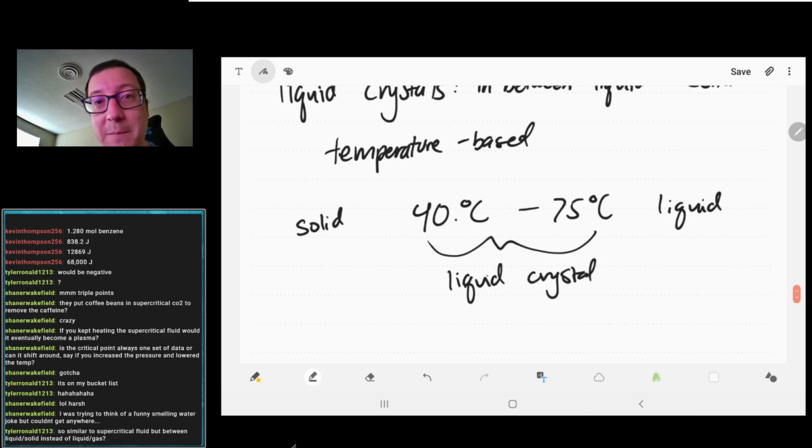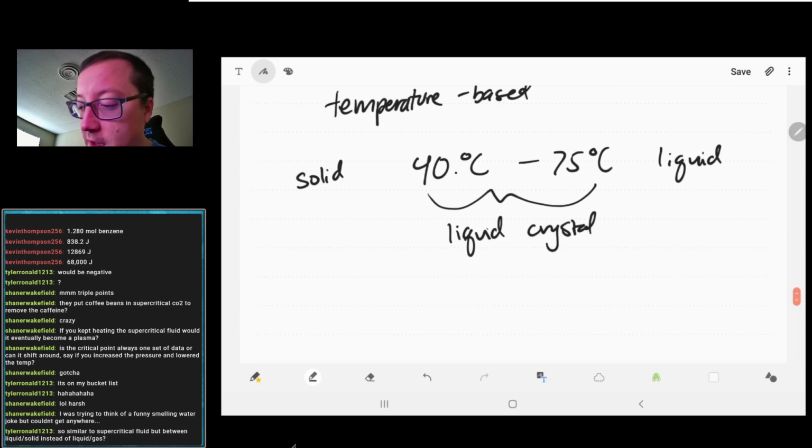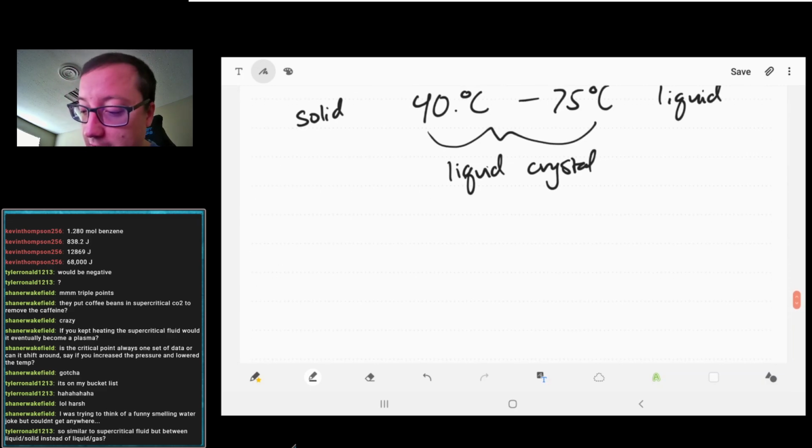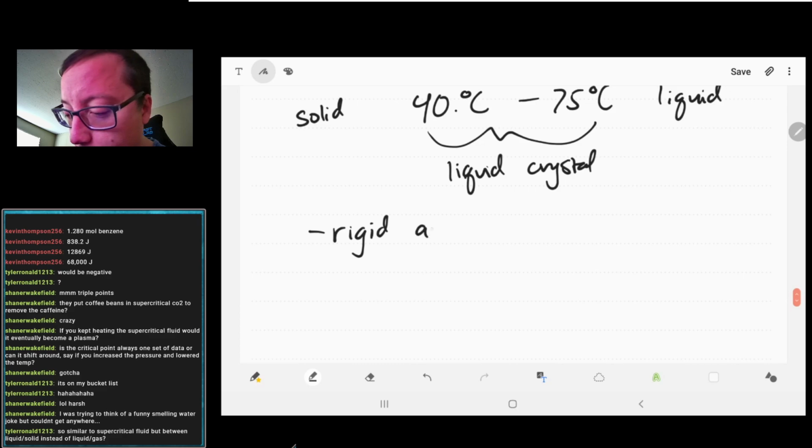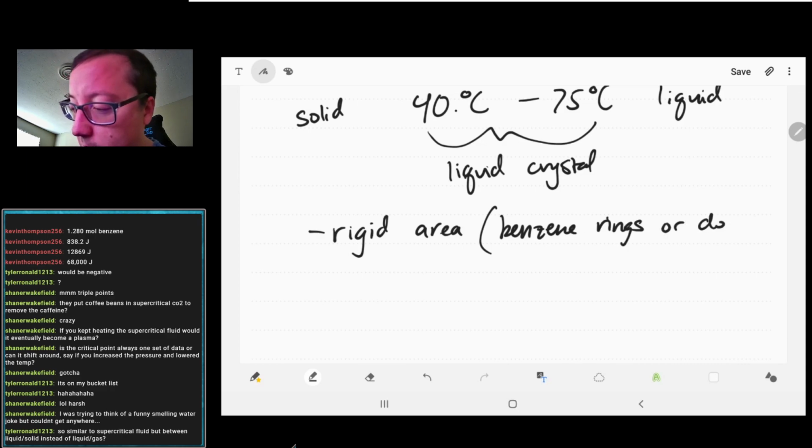And if we want to look at molecules that will have this behavior of forming liquid crystals, there are a couple of things that all of them have in common. You typically have a rigid area, and this is done by having either benzene rings or double bonds.